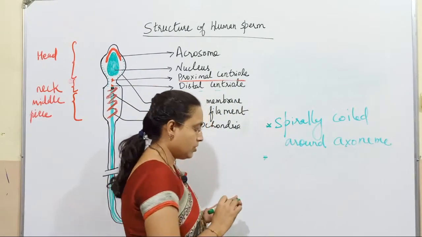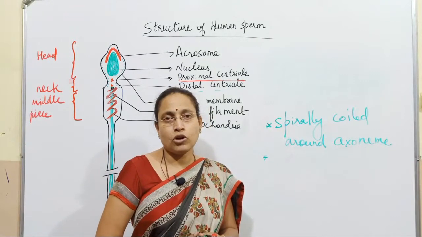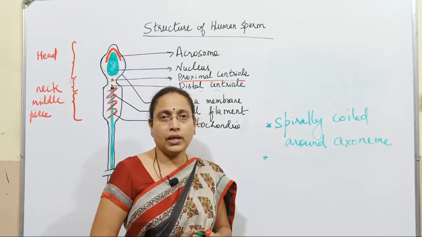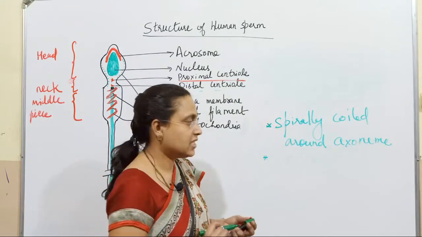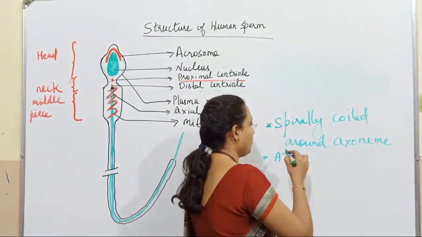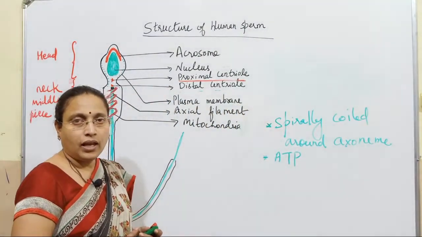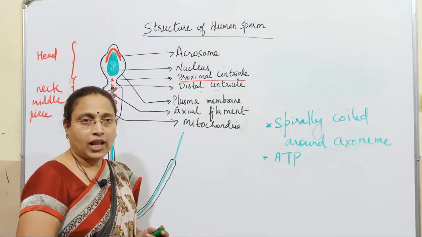Second is, as usual, just like in any other cell, here also mitochondria produces ATP. It is a source of ATP. Why is ATP necessary? You all know that sperms are motile.